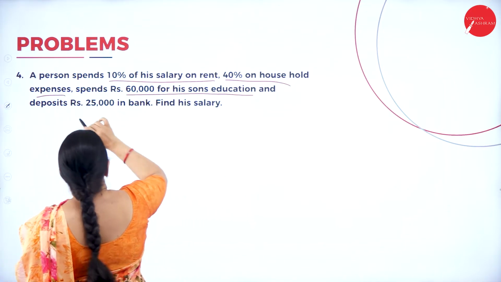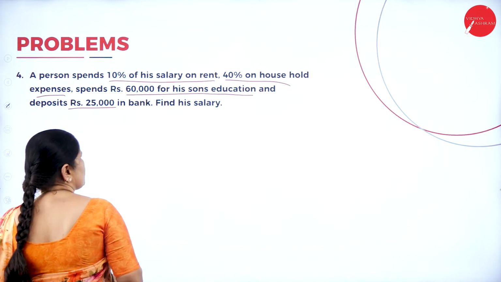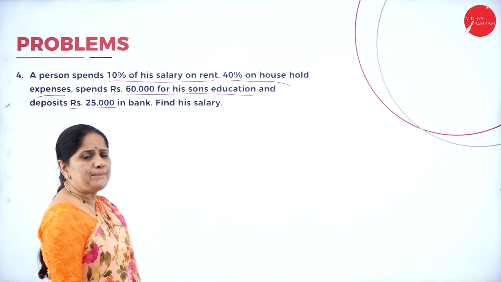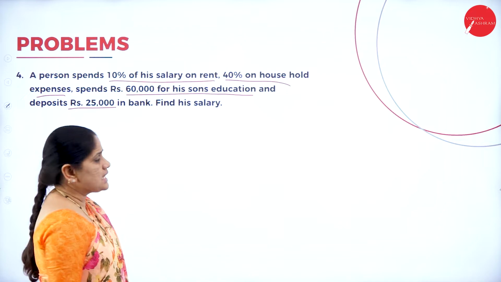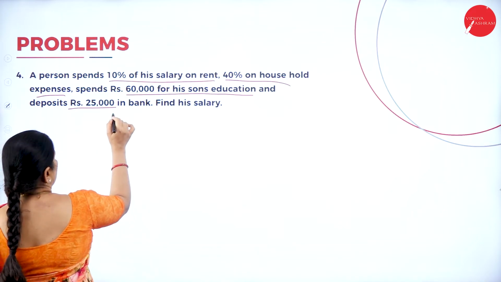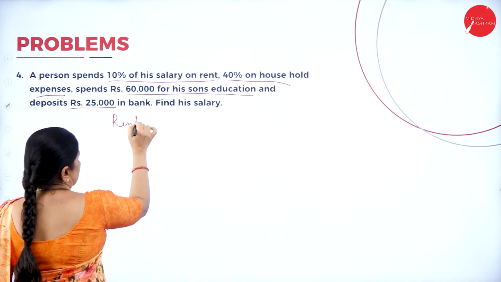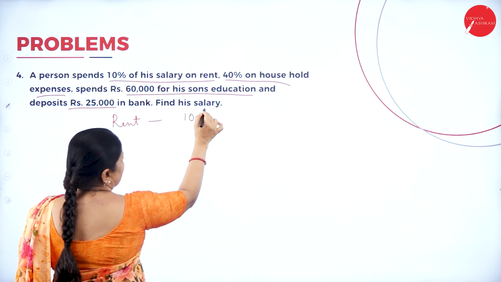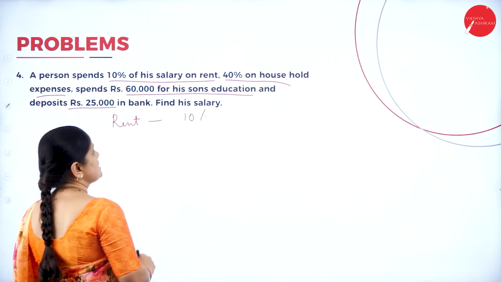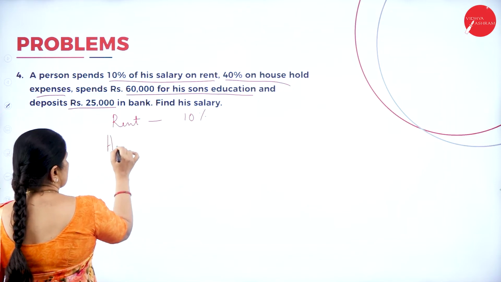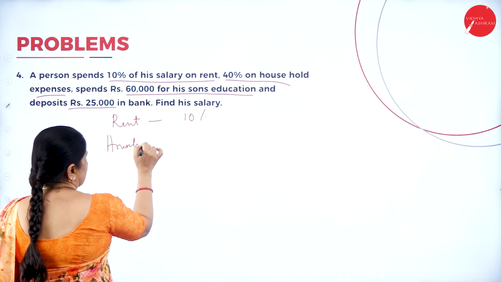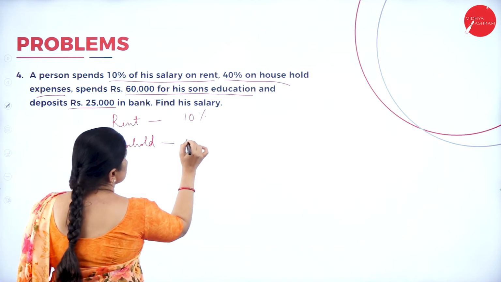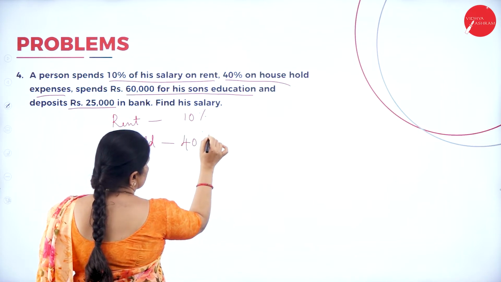So, the next problem: a person spends 10% of his salary on rent, 40% on household expenses, spends rupees 60,000 for son's education and deposits rupees 25,000 in the bank. Find his salary. Now, we will write rent. What is the amount spent? 10% of his salary. Then household, it is 40%.